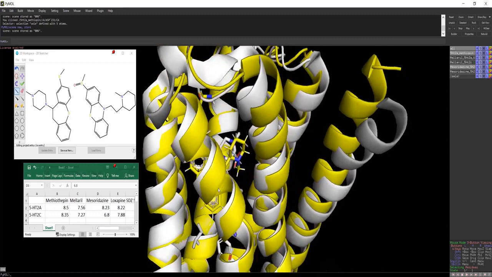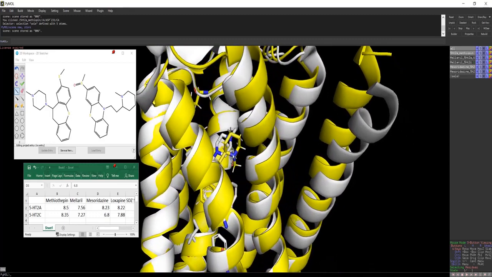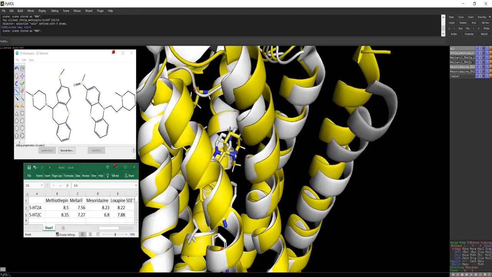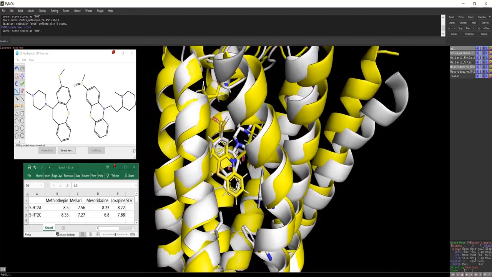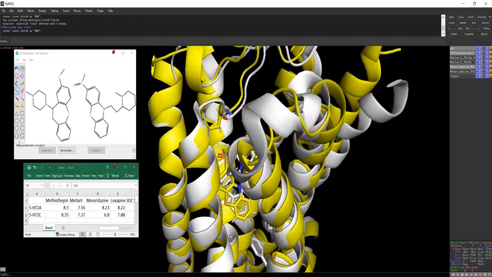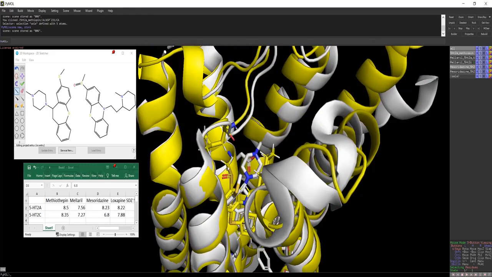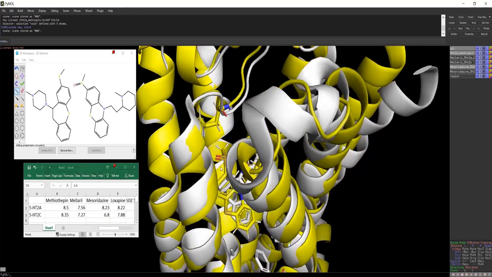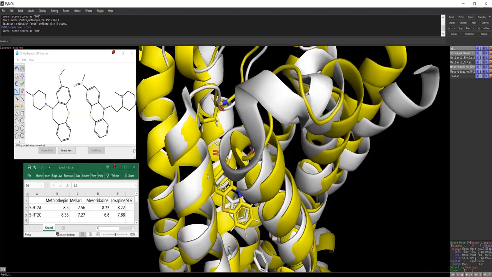The nitrogen this time is slightly different in terms of position, but it's still right next to aspartic acid and can form a salt bridge with it. However, what's changed now is the direction of this methyl group here. Now it's pointing towards helix 3, and the carbonyl that we added is pointing towards helix 5.